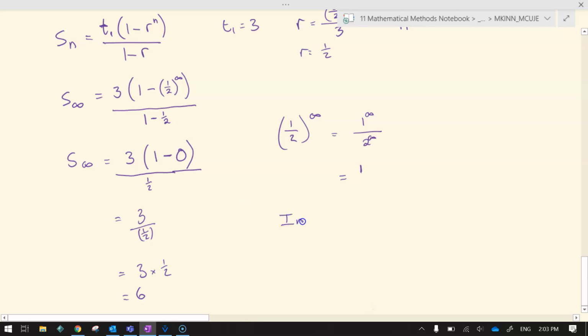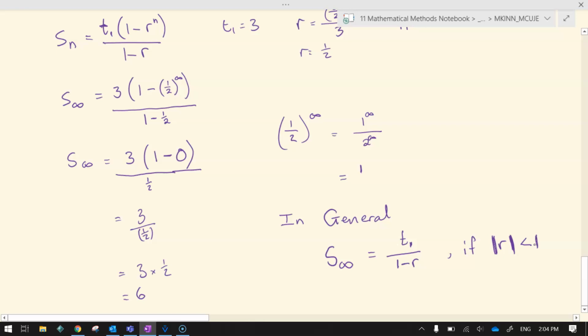There we go. Yeah, so summarising what Miss Kinnear was saying there, in general, the infinite sum of a geometric sequence will just be my first term divided by 1 minus r, because that r to the power of n term that we have in the original formula is going to approach 0, but only when the absolute value of our ratio is less than 1.